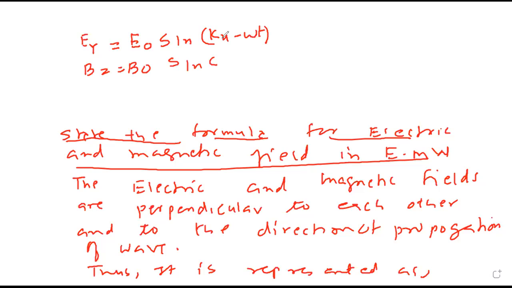This will be the same in phase, so same angle. So the formula for electric field is E naught sine kx minus omega t. Magnetic field Bz equals B naught into sine kx minus omega t. Just write this formula. Write theory fully.